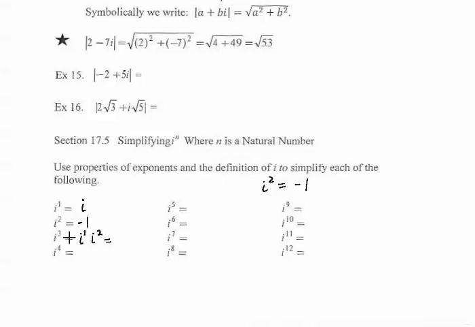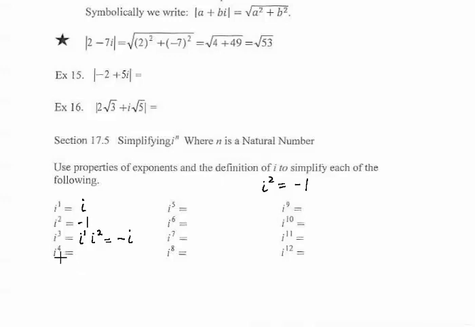So these are equivalent expressions. And breaking that up into an i to the first and an i to the second, we already know the parts. And so i squared is a negative 1, and then i to the first is simply just an i. So we end up with a negative i in the case of i to the third power.